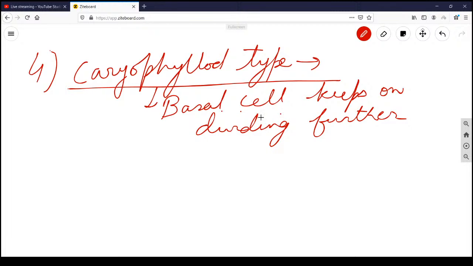Then the last one is the Chenopodiad type.